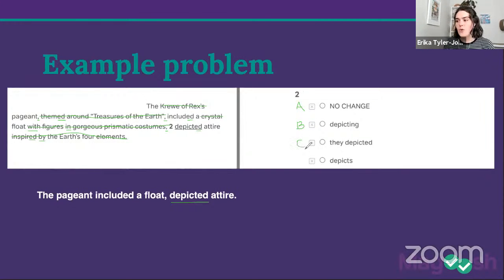Should we change it to they depicted? Or should we change it to depicts? Go ahead and answer in the poll if you can. And now that the sentence is this short, you can even kind of sound it out to yourself. Which one sounds like a sentence?